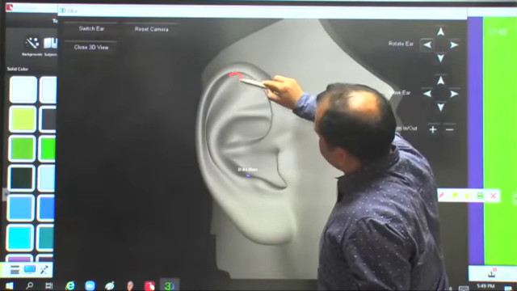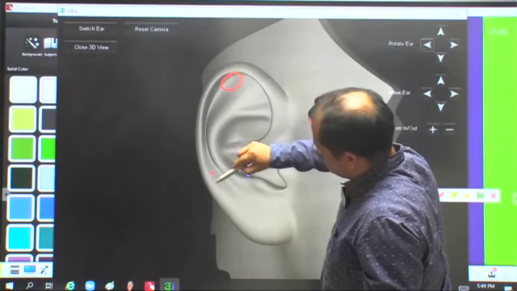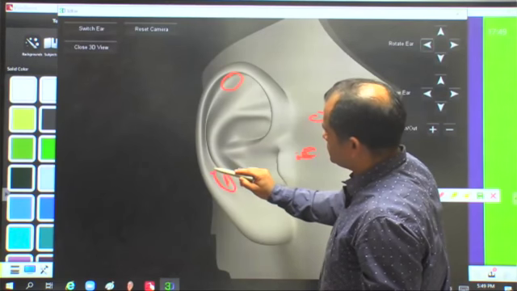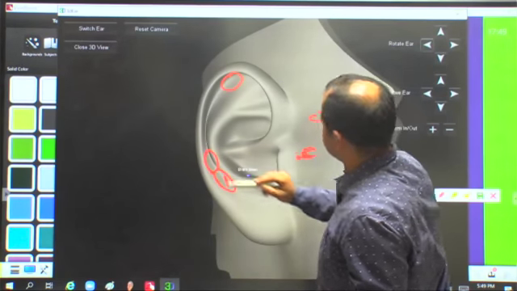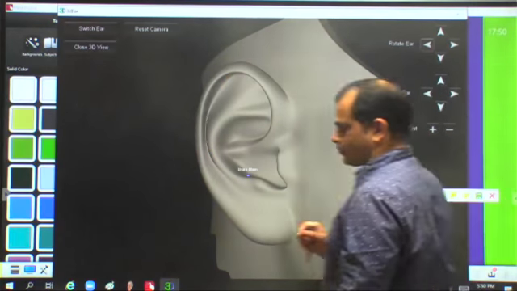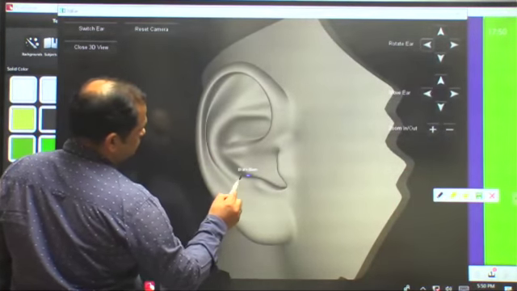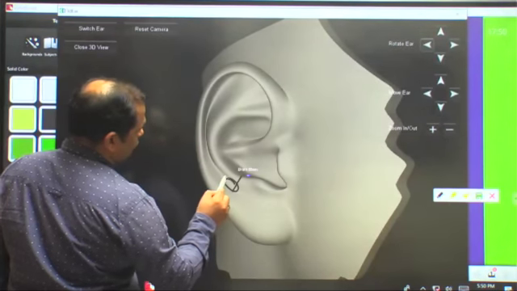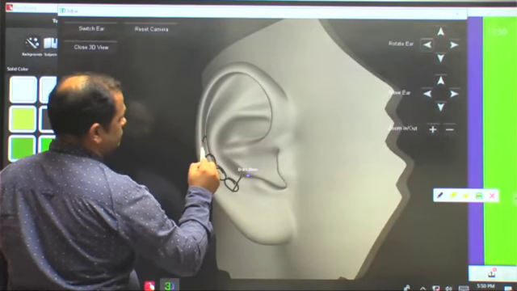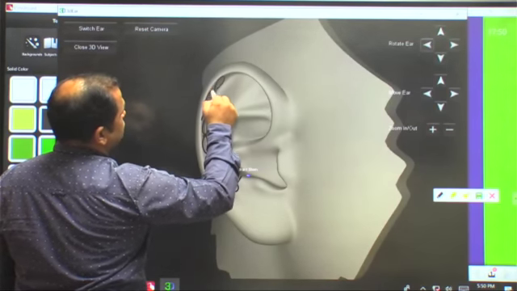This is the last part, the Scaphoid Fossa 6, and this is the first part, the Scaphoid Fossa 1. So this is 1, 2, 3, 4, 5, and 6. 6 is a little bigger area.